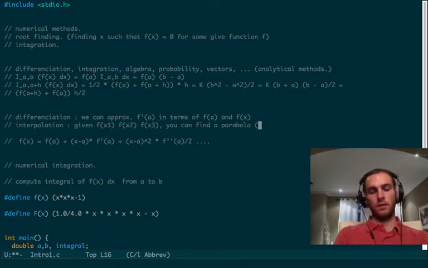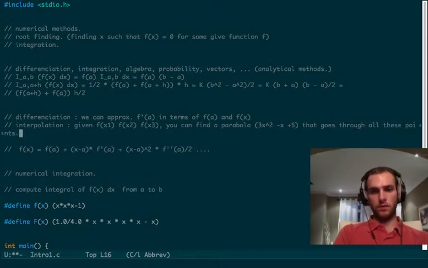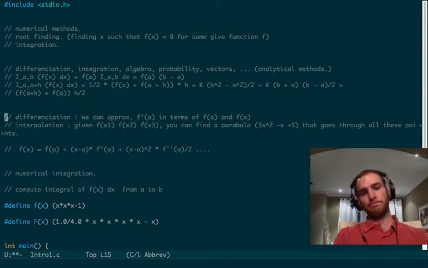So something like 3x squared minus x plus 5, for instance. That's what I mean, a quadratic function that goes through all these points.